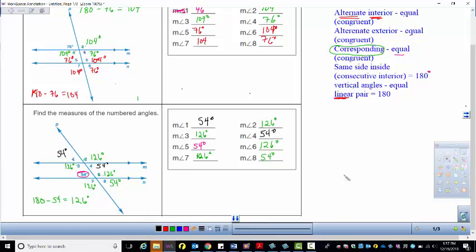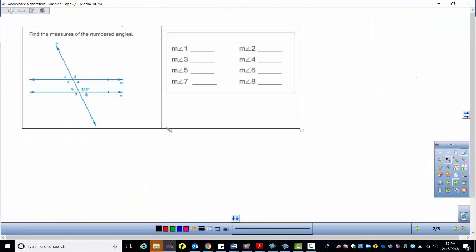Okay, so let's try the last one that you have on your note sheet. It looks like this. This time we know that angle 6 is 115. That's the one that was given. Remember when you're doing these, there's lots of ways to get the answers. I like to do the vertical angles first. So if this is 115, angle 7 is 115. Vertical angles are always the ones that I see first.